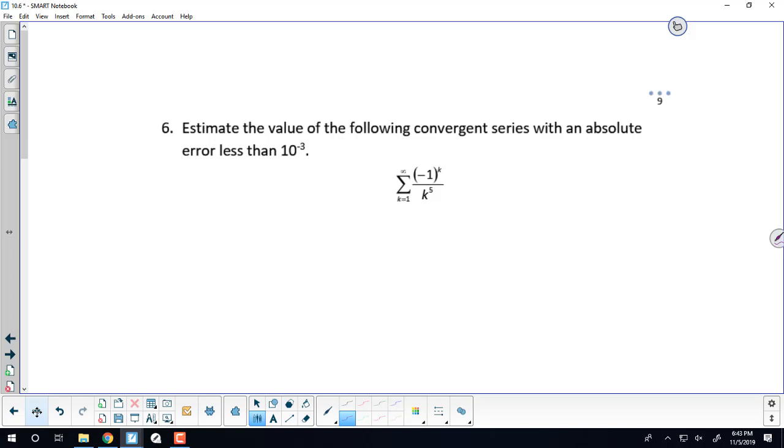So if we're looking at this series, I'm going to sum it out to infinity, but maybe I don't want to do that. Maybe I just want to be accurate within the thousandth place or the hundredth place, right? Then we could use this theorem to say how many terms of that series we actually have to add up so that the error is less than, here, 10 to the negative 3.